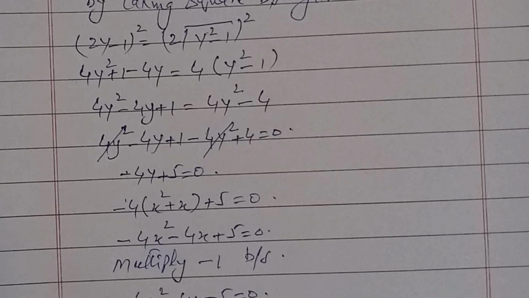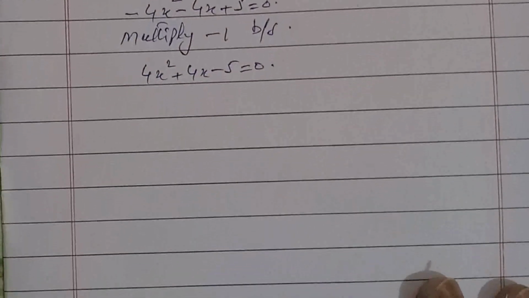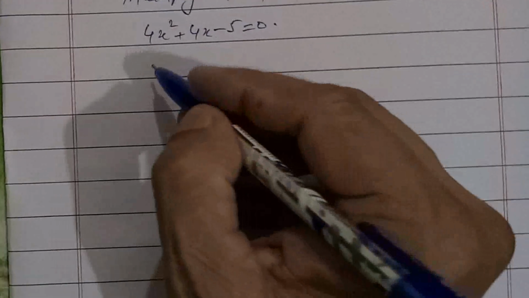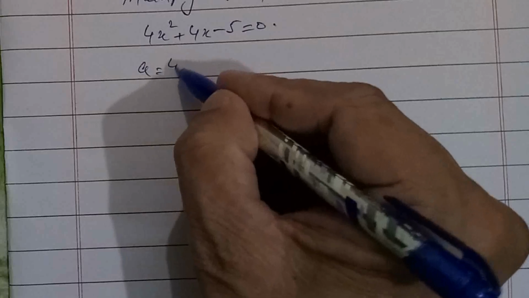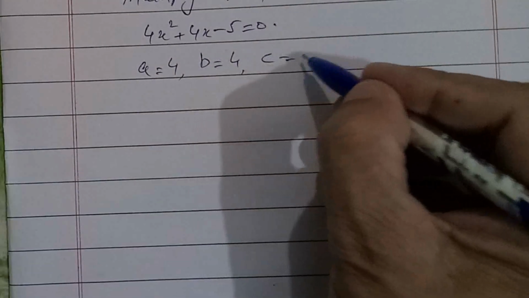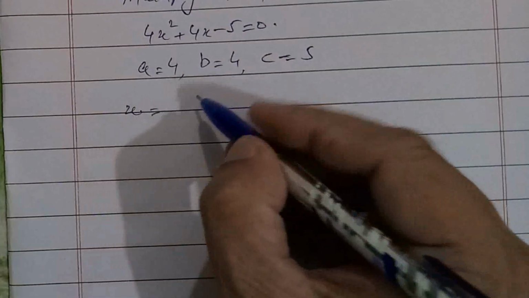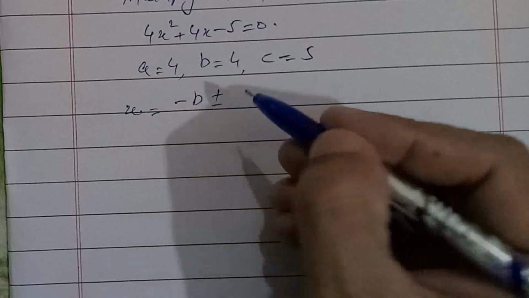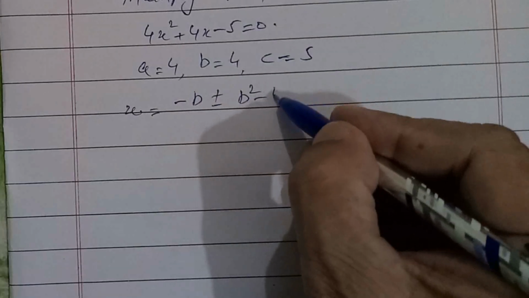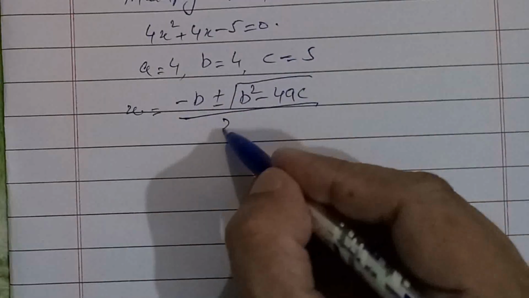And in this question factorization is not possible, so we use the quadratic formula, in which a = 4, b = 4 and c = −5. And the quadratic formula is x = (−b ± √(b² − 4ac)) / 2a.